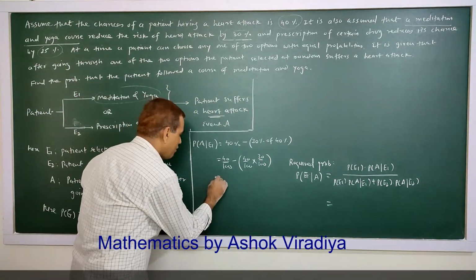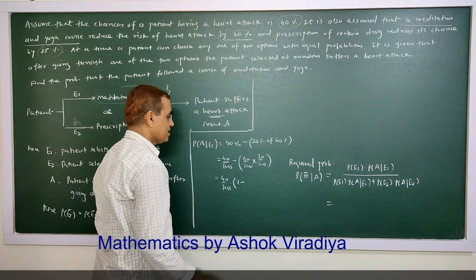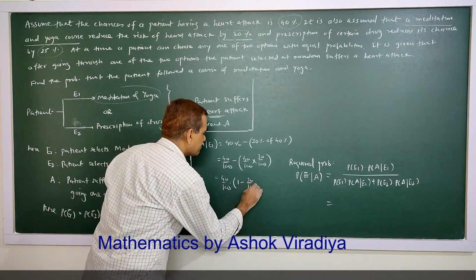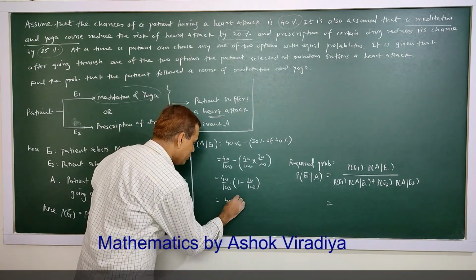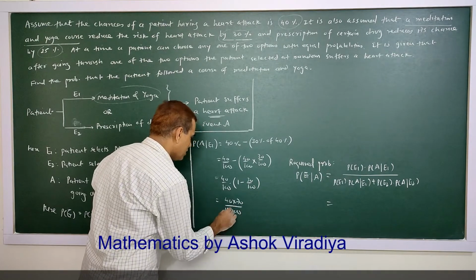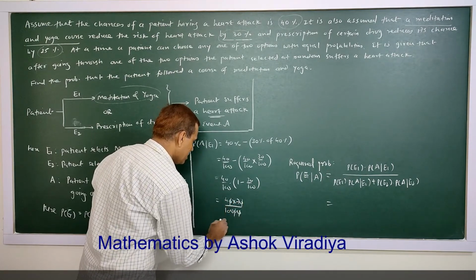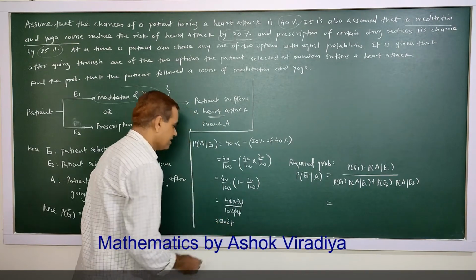So that is 40 by 100 common, 1 minus 30 by 100. So that is 40 into 70 upon 1, 2, 3, 4 zeros. So this is 28 by 100. So it is 0.28.